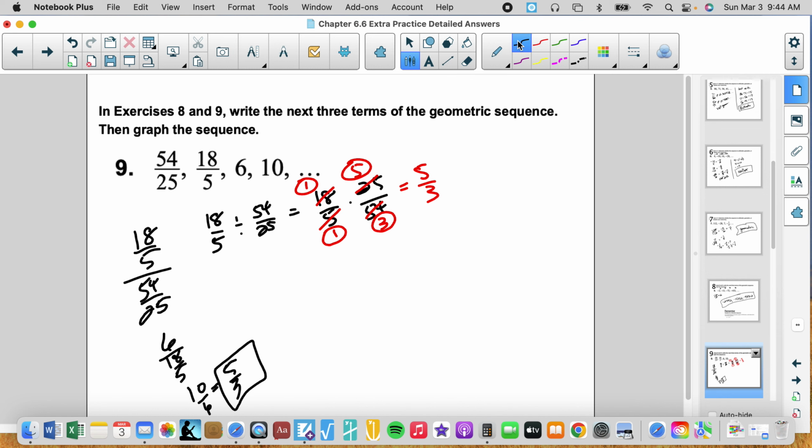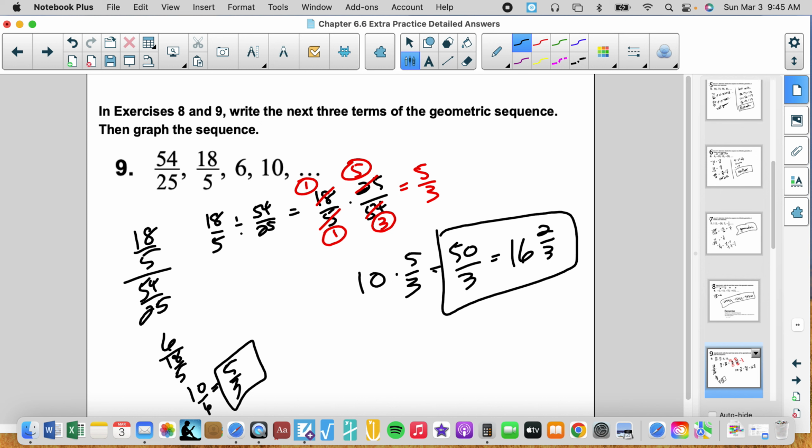So if we multiply 10 times 5/3, we get 50/3, which is 16 2/3. Why can't I just do 50/3? Either of these, and then multiply that by 5/3.